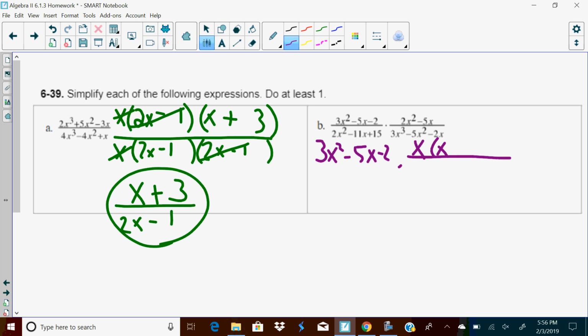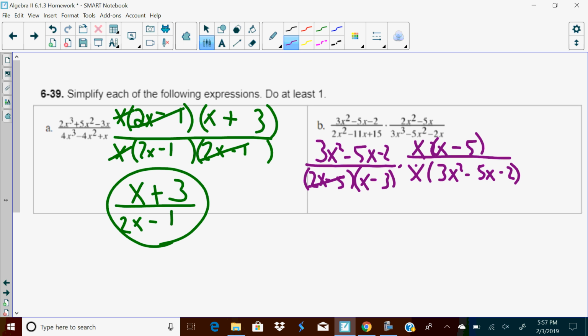So I get x minus 5. And then over here, when I factor, I'm going to get 2x, x, 5 and 3 minus each other. So these 2x minus 5's both cancel. The x's cancel. This whole thing cancels with this, so I'm left with 1 over x minus 3.